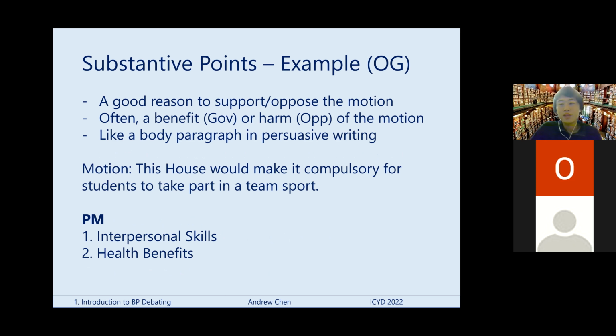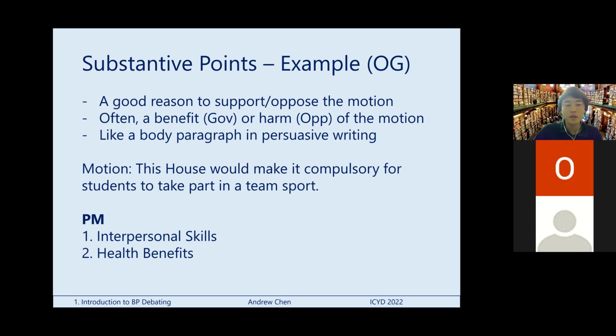If you've done a lot of persuasive writing within school, you can think of this as like a body paragraph in persuasive writing. So let's go back to our compulsory team sport example. The Prime Minister might have 2 substantive points, and I've just come up with some of them over here. The first one might be on the interpersonal skills that you get from team sport: cooperation, teamwork, communication with other people.